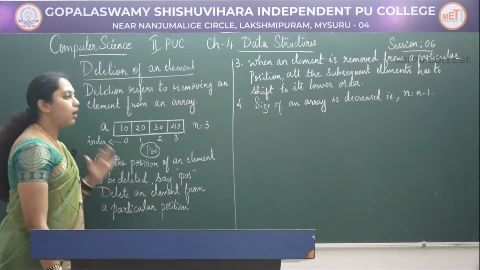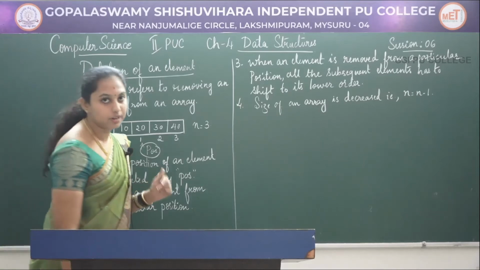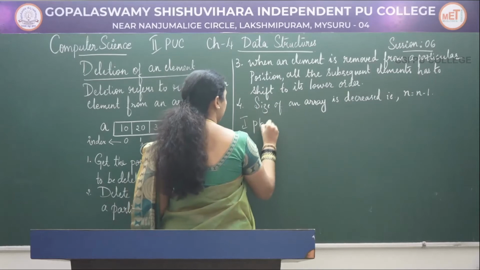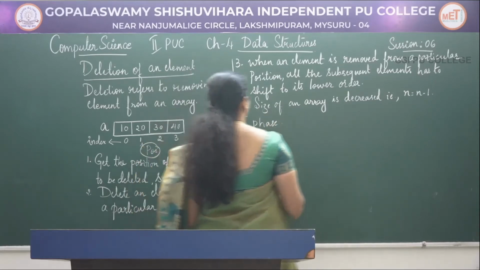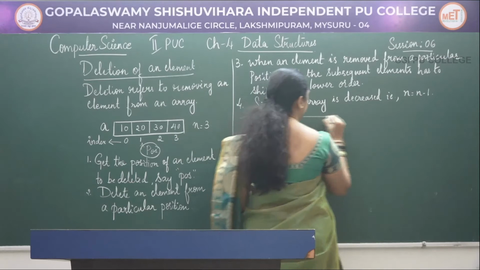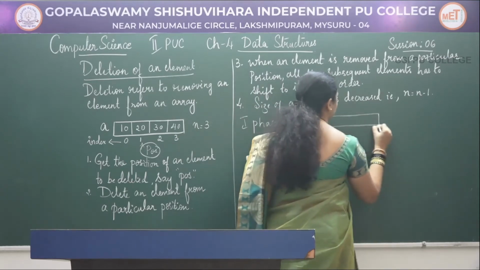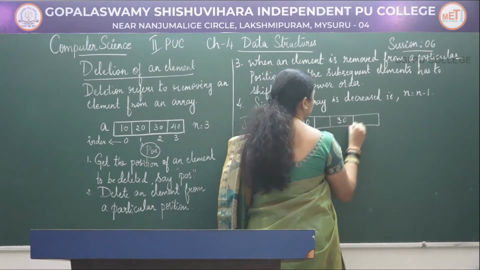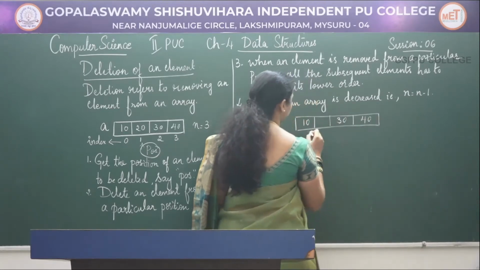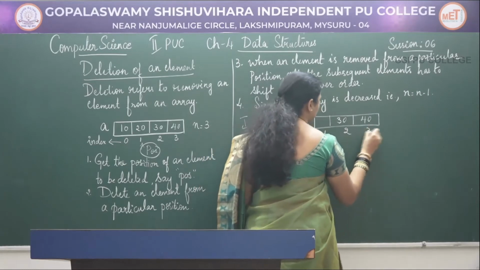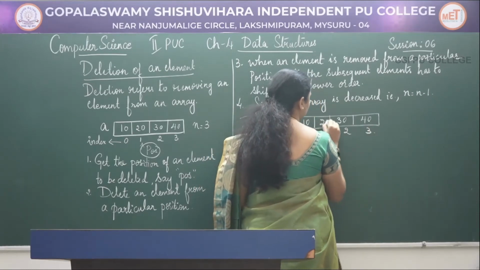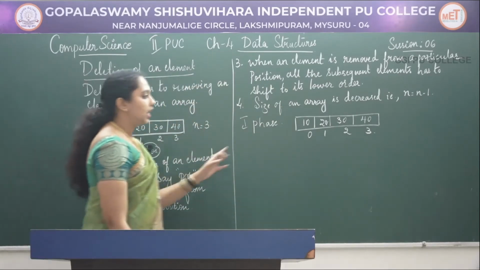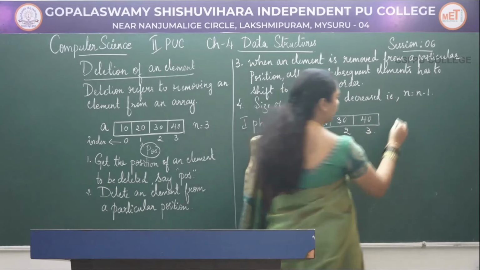Now let us see how to delete an element from an array. So in the first phase, I am going to delete an element from the position 1. I want to delete an item 20.